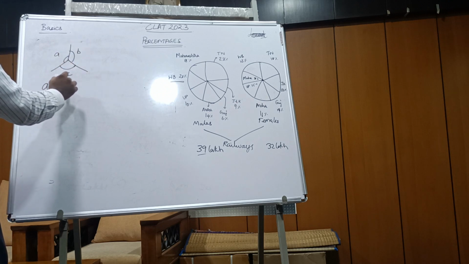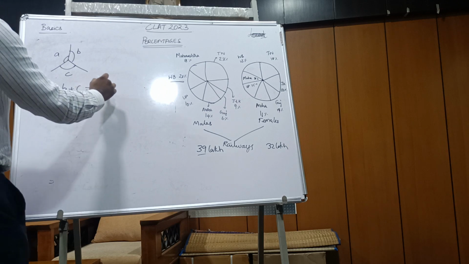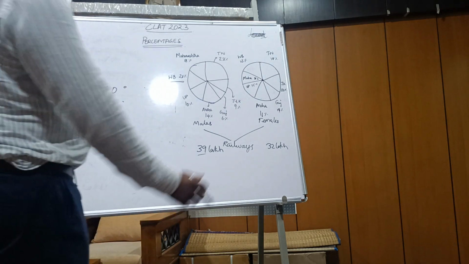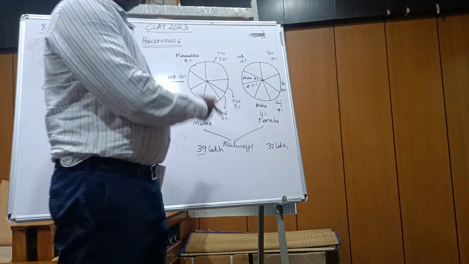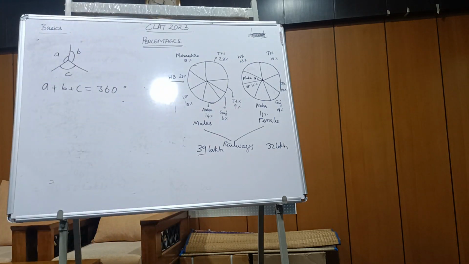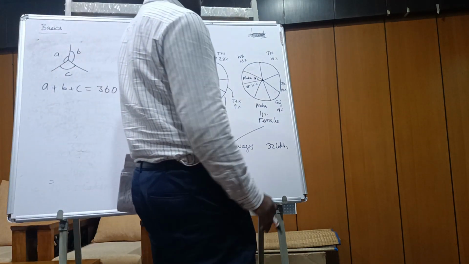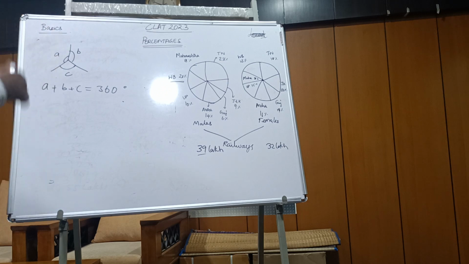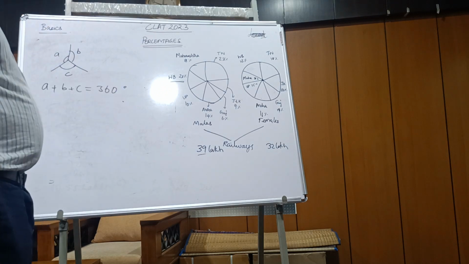So A plus B plus C is always equal to 360 degrees. Whenever a percentage is expressed in the form of a circle, we can represent the 100% in this.